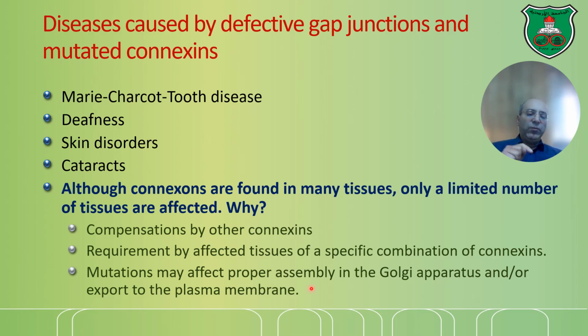That is, a mutation in one connexin can prevent the formation of a proper gap junction, a proper connexon, within one cell, trapping the connexin or the other connexins in the Golgi apparatus. So these are different reasons for why you can have mutations in one connexin, but certain tissues being affected.